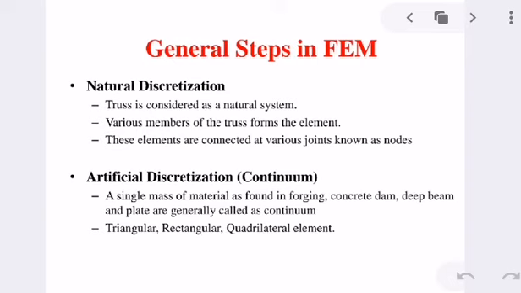In the artificial discretization, a single mass of material as found in forging, concrete dam, deep beam and plate are generally called continuum. There are three elements: triangular element, rectangular element and quadrilateral element.